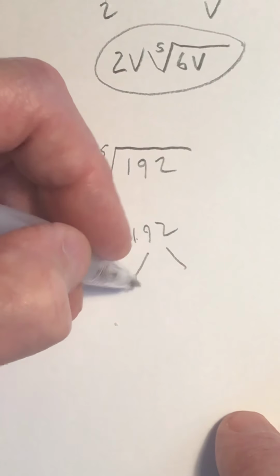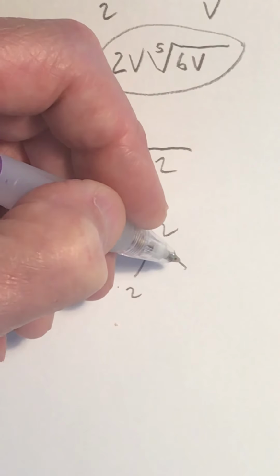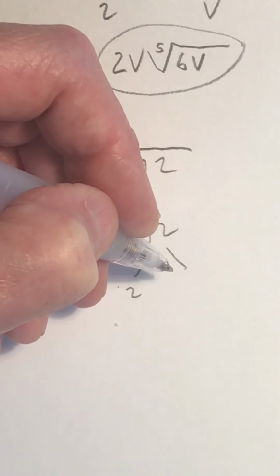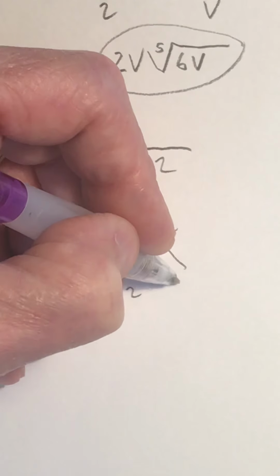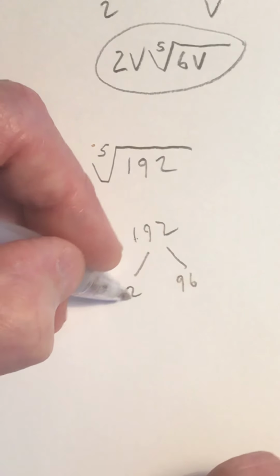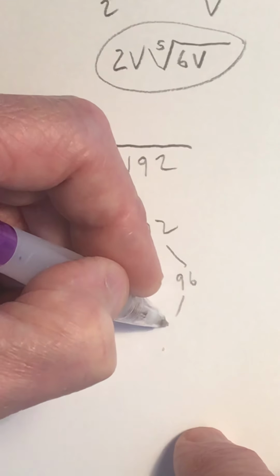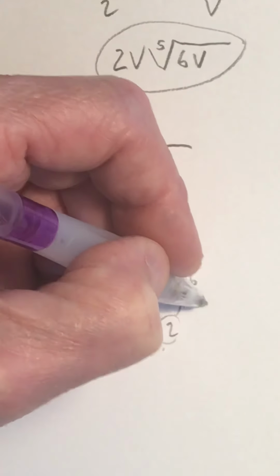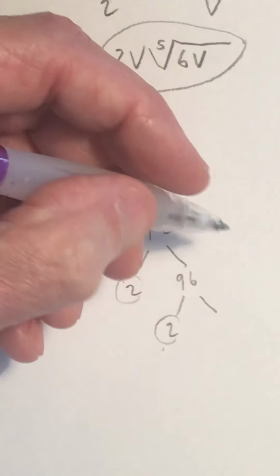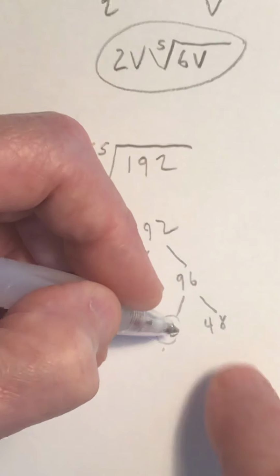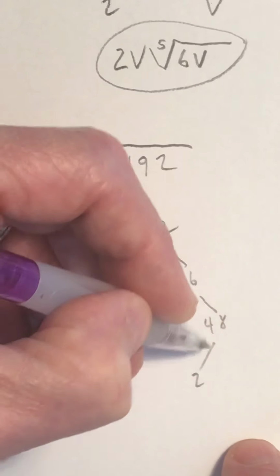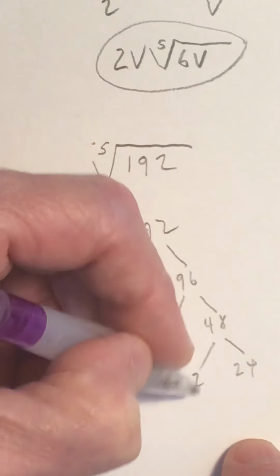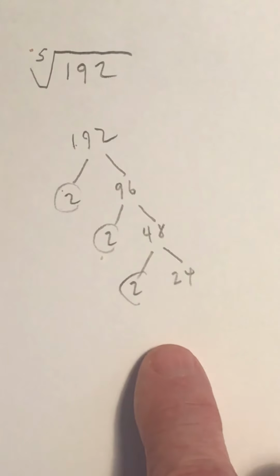You could take 192 and divide it by 2, and you get 96. That's not a prime number. You keep going. There's 2 again. Divide by 2 again, you get 48. And 48 breaks down into 2 times 24. There's another prime number, another 2.